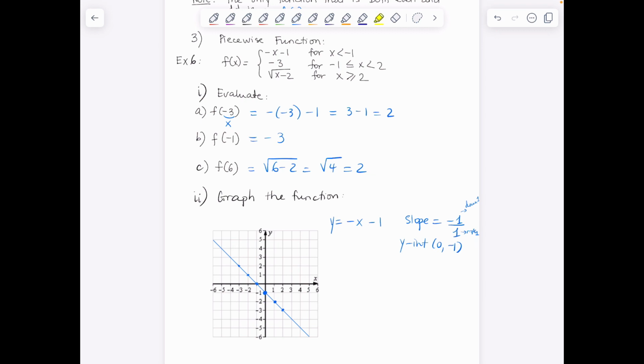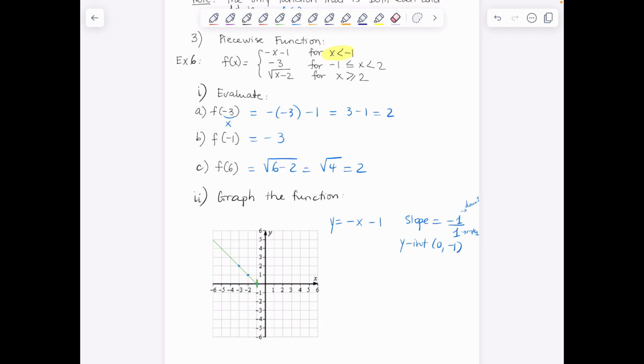But because of the condition, x has to be less than -1, strictly less than -1. So here is where x is equal to -1. So it looks like we can only accept the section of the line that is to the left of -1, which is this section right here, to the left of it. So I'm going to erase the rest of the line and only keep the green part.